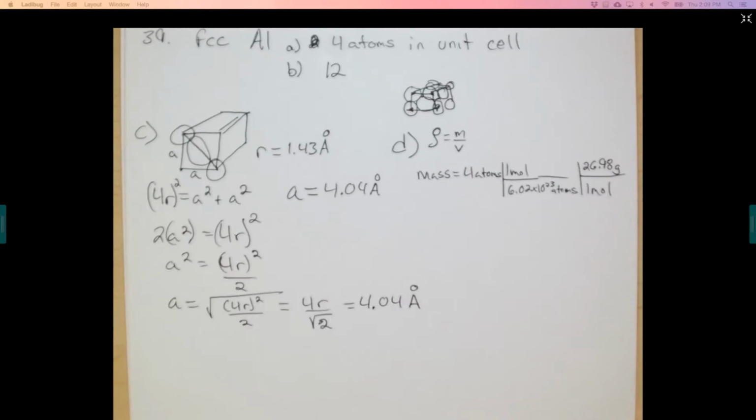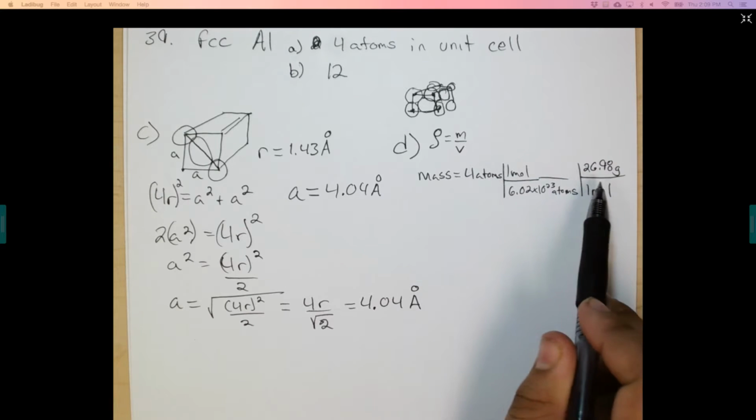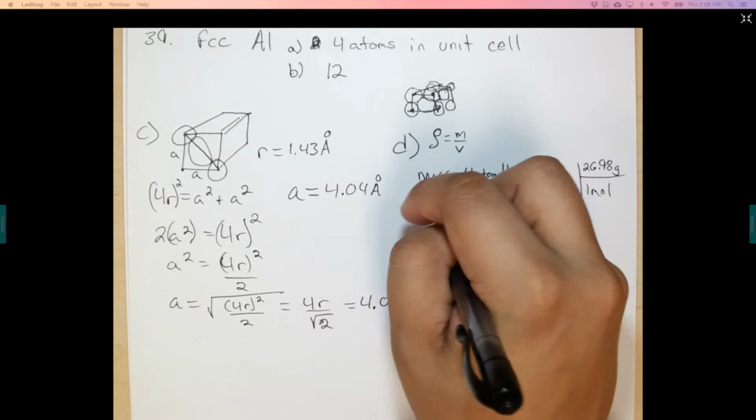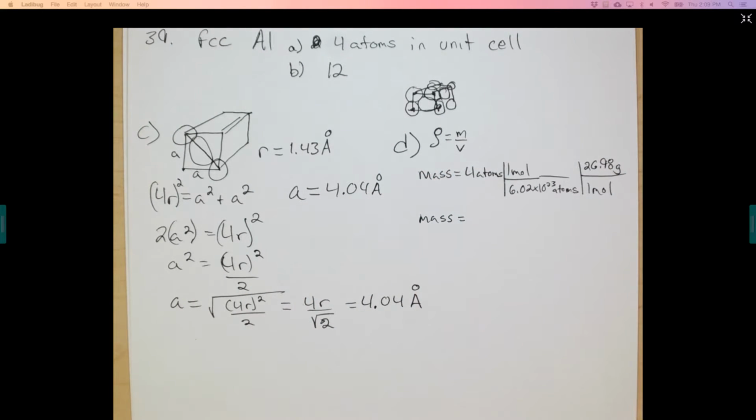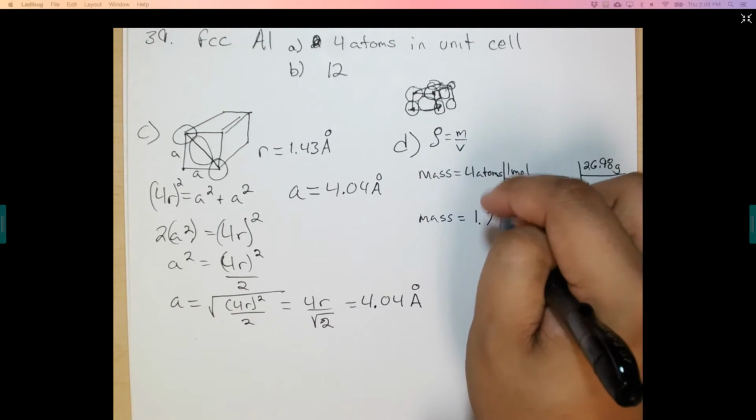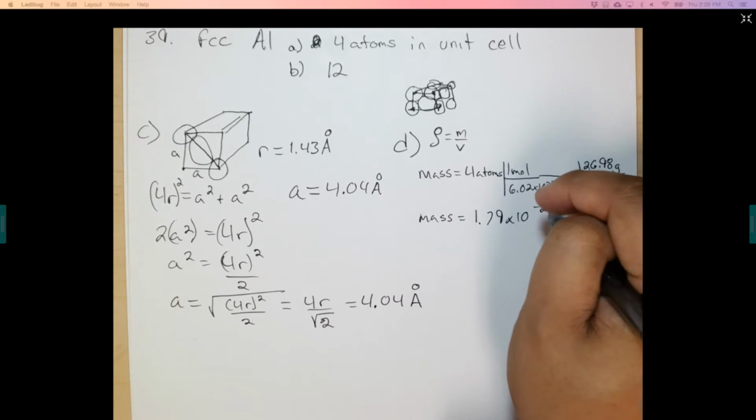This is the dimensional analysis to get the mass. So mass is going to be in grams, and it's going to be equal to 4 times 26.98 divided by 6.02 times 10 to the 23rd. Here we're dealing with 1.79 times 10 to the negative 22 grams.